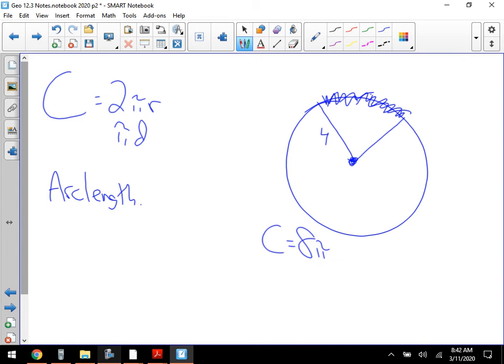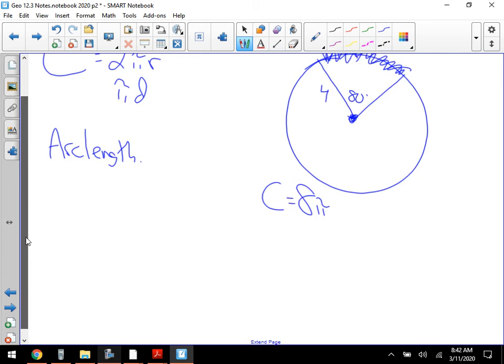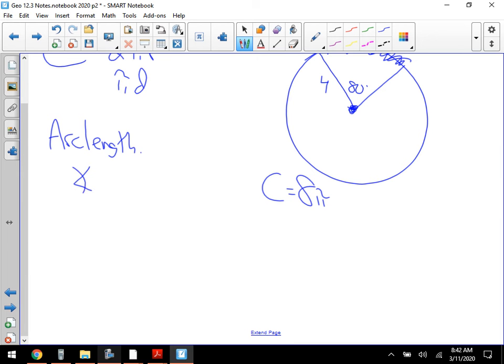For example, if my central angle is 80 degrees and my radius is 4, our formula was the central angle over 360 times 2 pi r. It's basically taking the circumference and multiplying it by the angle over 360.